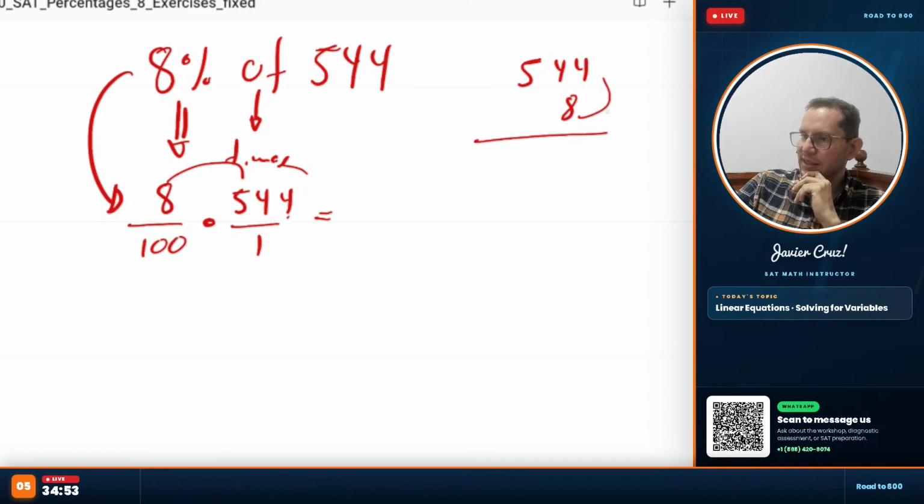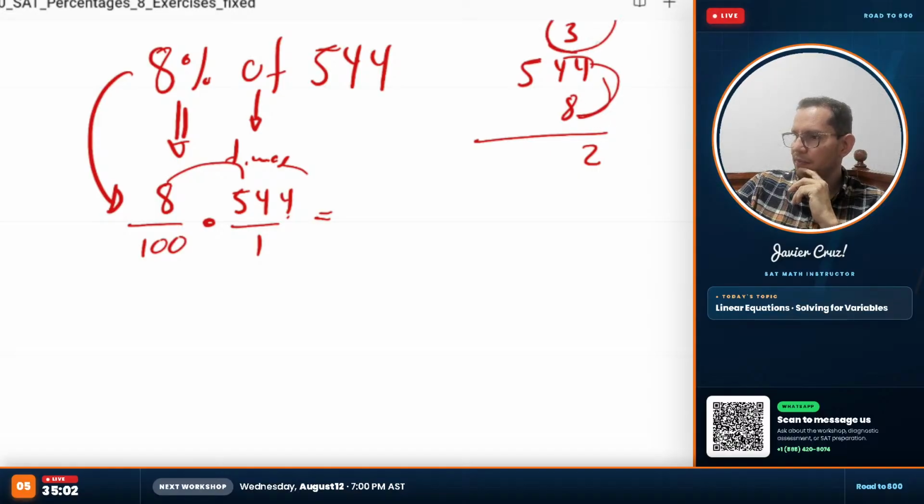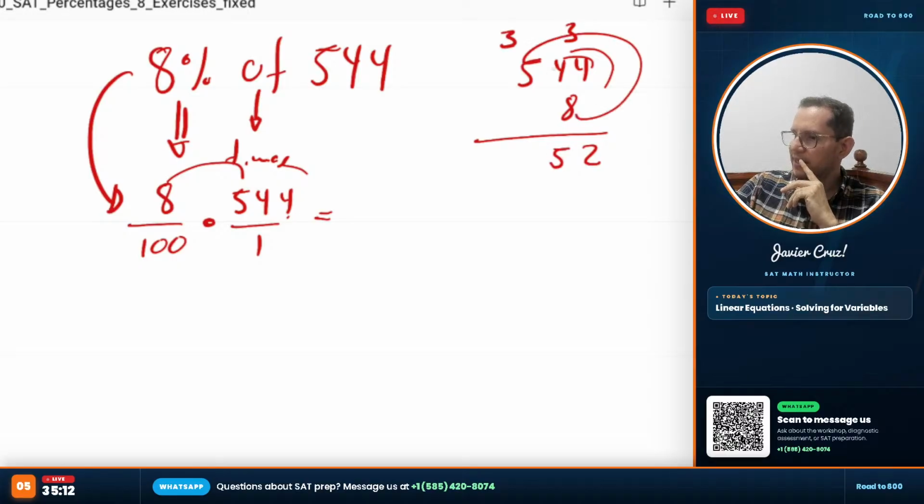So 8 times 4 is 32. 2 and goes 3. 4 times 4 is 16, plus 3 is 19. Wait, 8 times 4 is 32, 2 and goes 3. 8 times 4 is 32 again, plus 3 is 35. 5 and goes 3. And 8 times 5 is 40, plus 3 is 43, right?